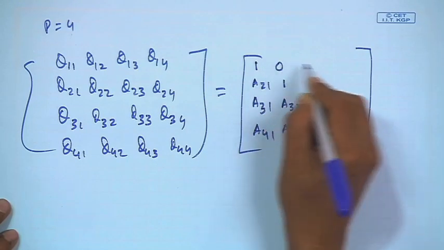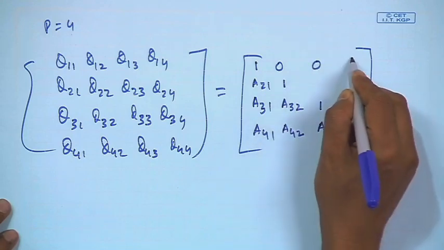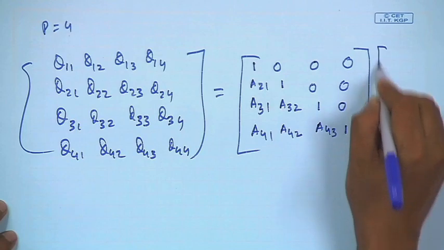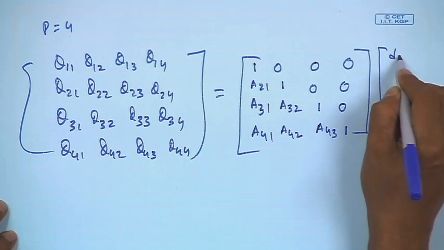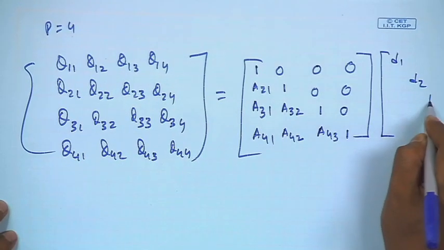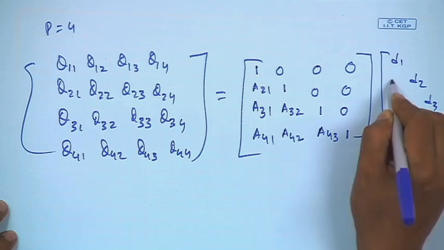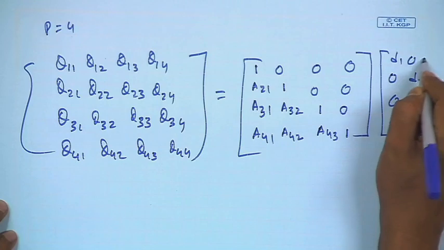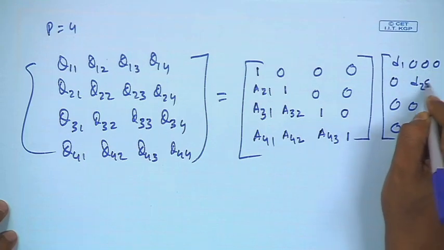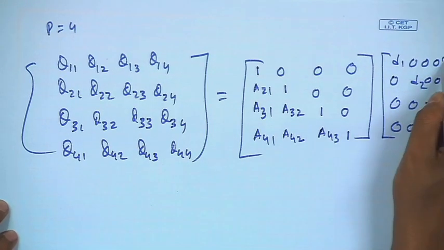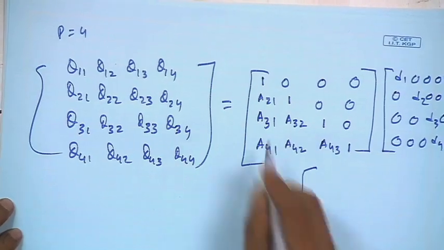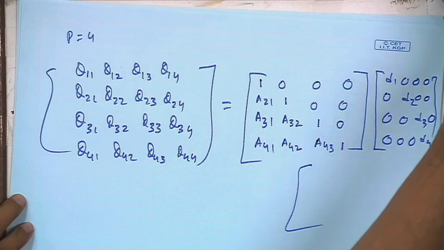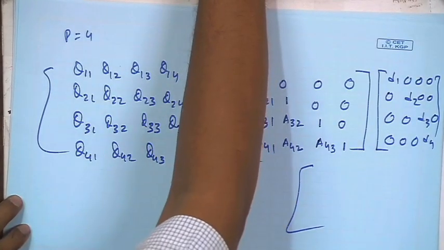The rest are 0. This is multiplied by the diagonal matrix with elements D 1, D 2, D 3, D 4, and the rest 0. And A transpose, if A is lower triangular, is the upper triangular matrix.